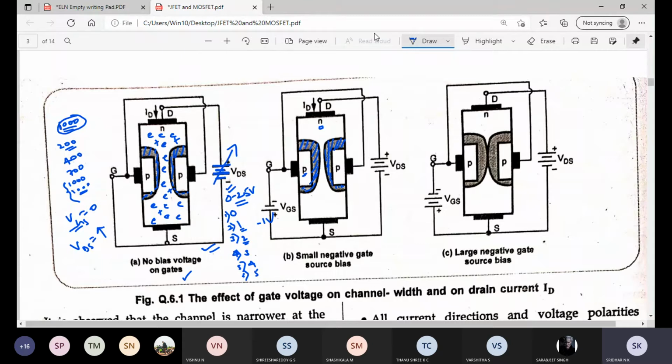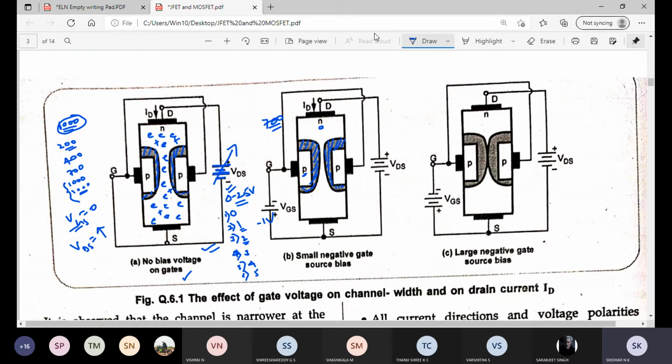But in this case there will be just 700 electrons in total, because the channel size decreased. So the total number of electrons, the majority charge carriers, reduces in the channel because of the encroachment of the depletion layer due to this negative biasing.